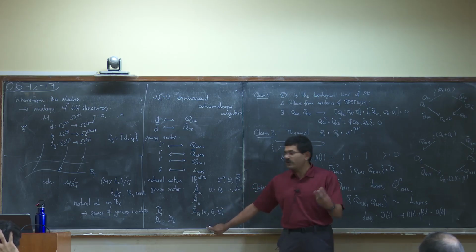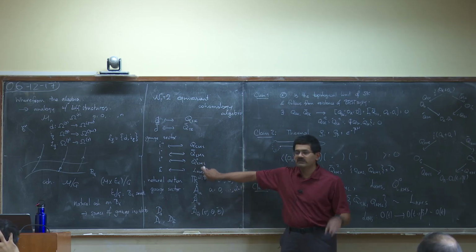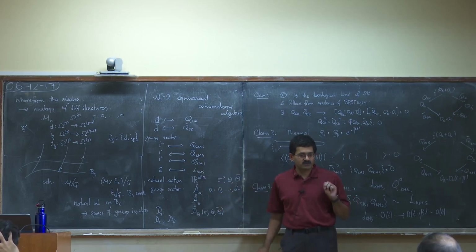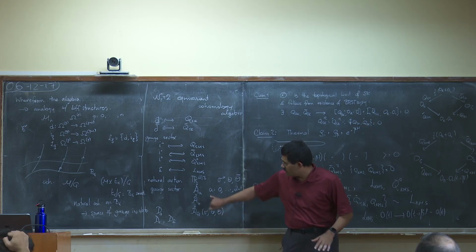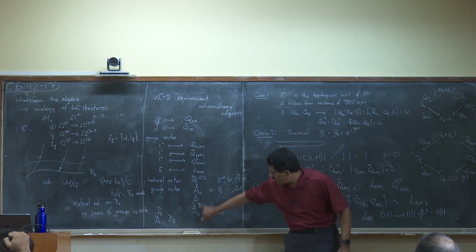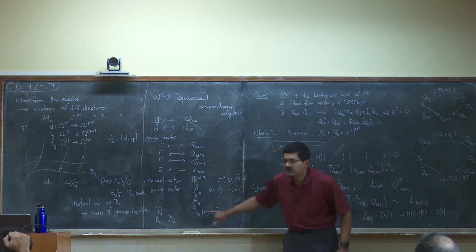Three of them are these three guys. They are gauge potentials. Then there are 5 of them, and they're all here. So just count these last two bits. There are 8 of them.